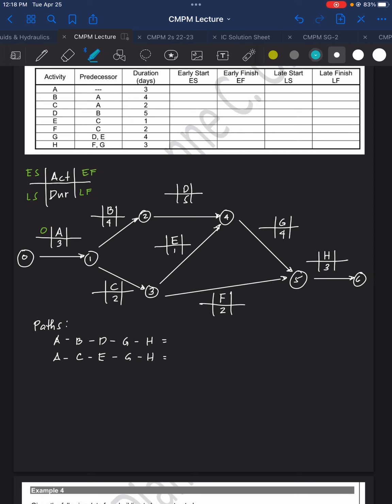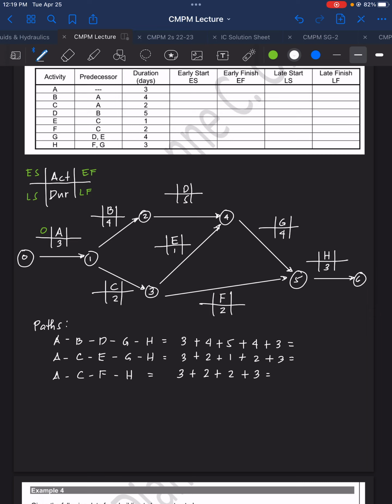Next path here will be A, C, F, H. So for the duration, A is 3, plus B, 4, D, 5, G, 4, H.